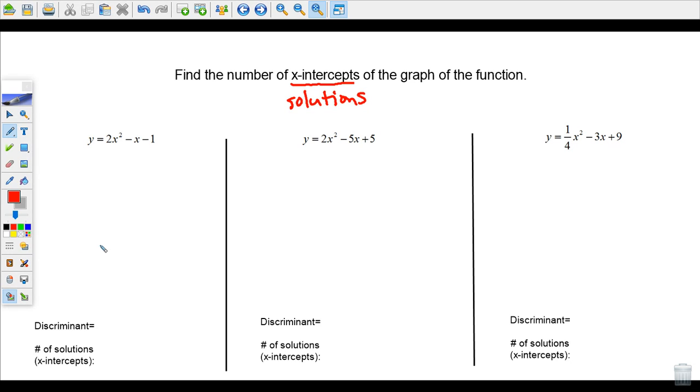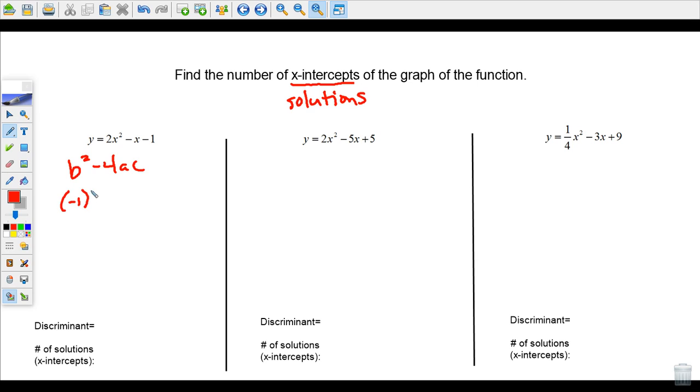So again, we're going to evaluate the discriminant, b squared minus 4ac, and the discriminant is going to tell us the exact same thing. Positive discriminant means two x-intercepts. Discriminant of 0 means one x-intercept, and a negative discriminant means no x-intercepts. So b squared minus 4ac, b is negative 1 here.